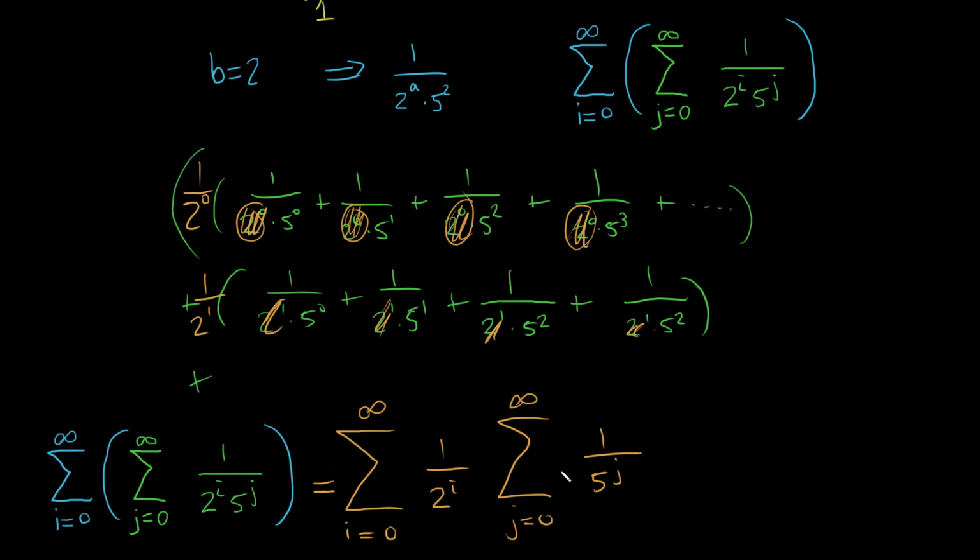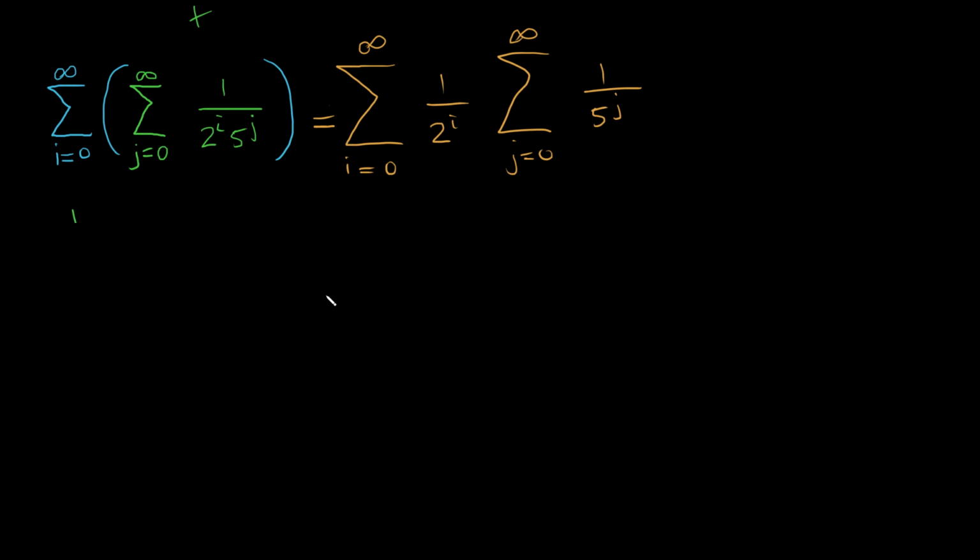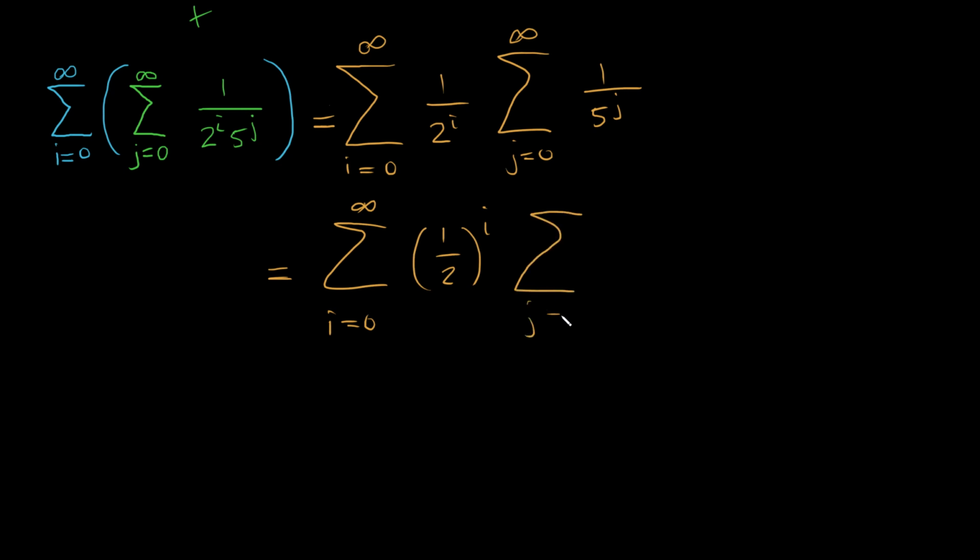But now we can evaluate this, because what else do we know about summations in this form. One very specific thing we know, if I was to prompt you by rewriting it as the sum as i goes from 0 to infinity of (1 over 2) all to the power of i, times the sum from j goes from 0 to infinity of (1 over 5) all to the power of j, is that this looks suspiciously like a geometric series.